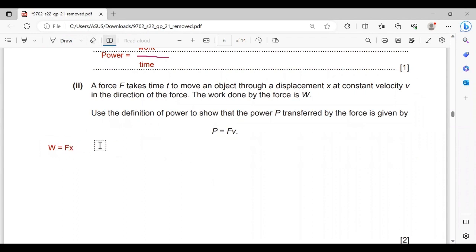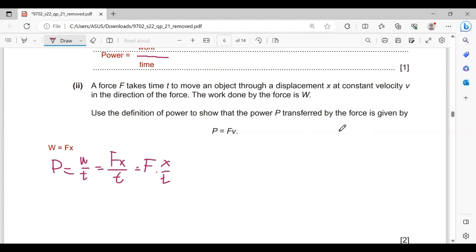And then power equals W over T, so it means Fx over T. We may arrange this formula as F times X over T. You know that X over T, displacement over time, is velocity.